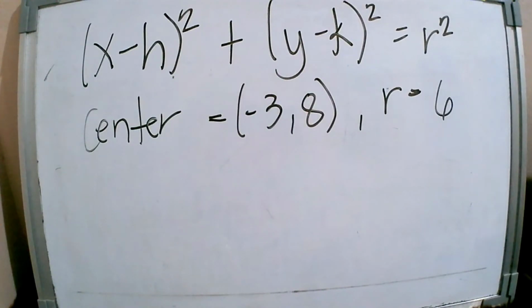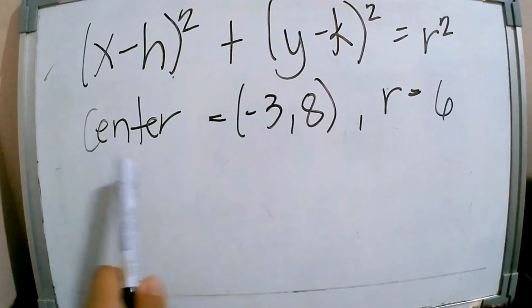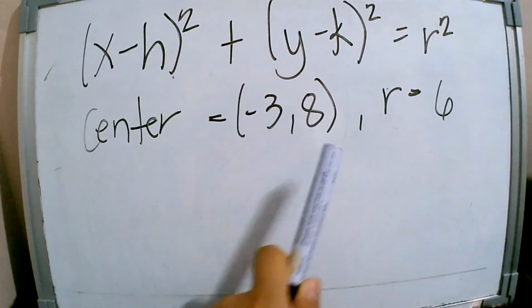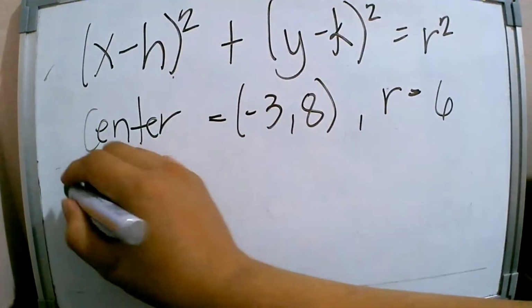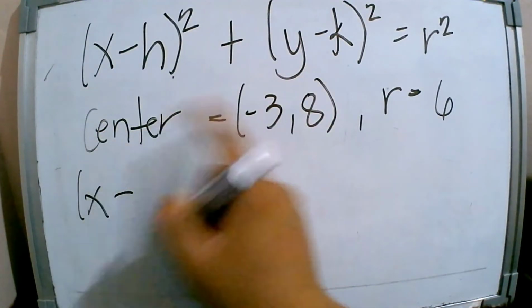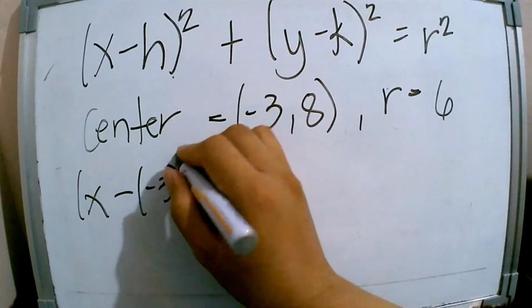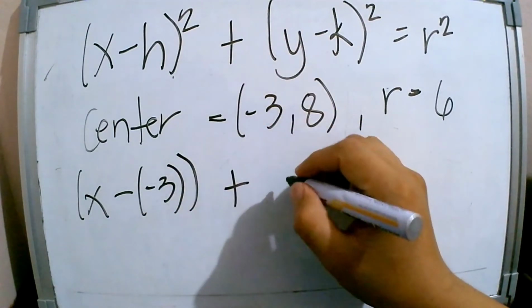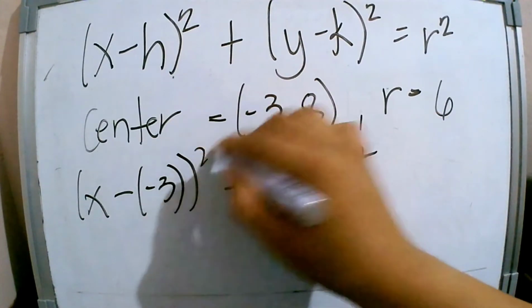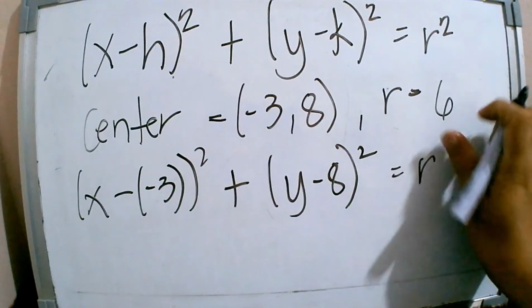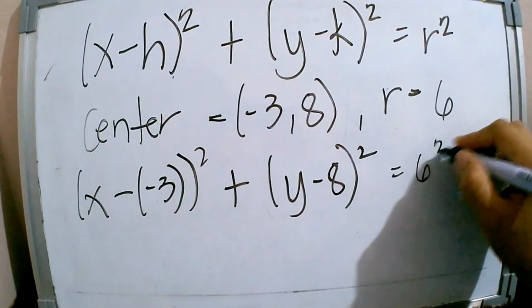Let's have another example. Example number 2. It's the same as example number 1. Write the equation of the circle having a center which is -3 and 8 and radius is equal to 6. Substitute to the equation. So we have x minus -3 plus y minus 8 squared is equal to r, which is 6 squared.